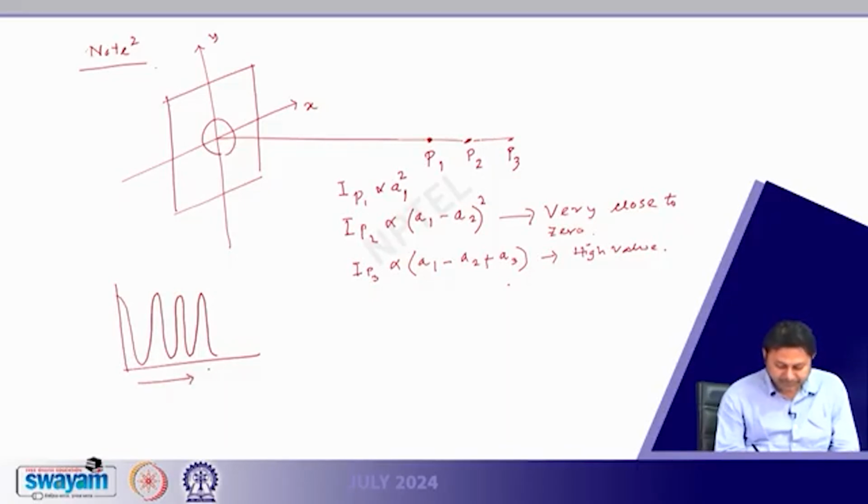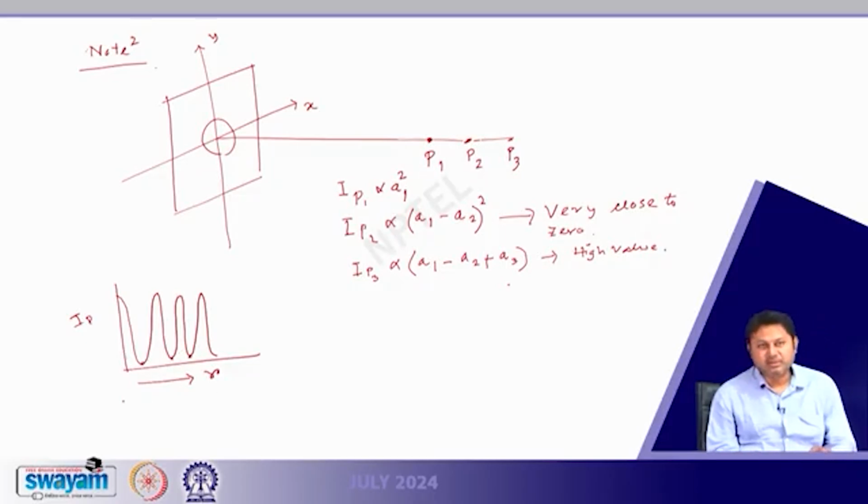This is with the radius of the aperture r increasing. This is the intensity at point P. The interesting point is these minima, that means even though we are increasing the aperture, the intensity is reducing.